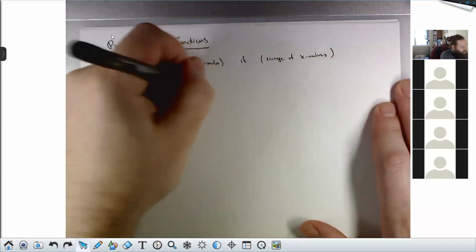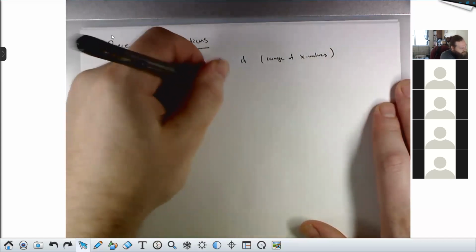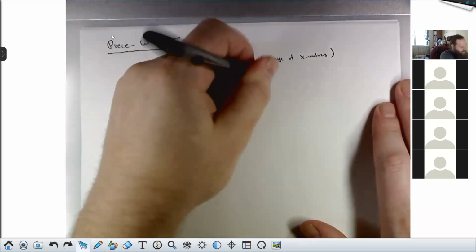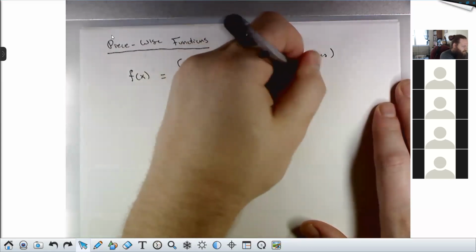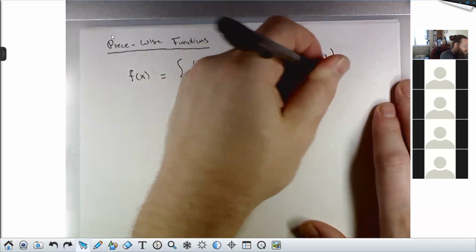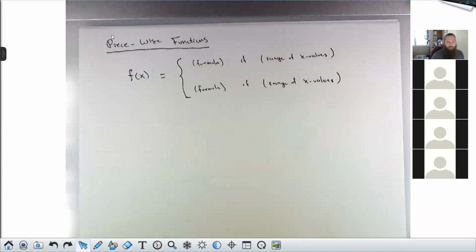And then maybe some other formula, if, and then some other range of x values. This is generally how these things look, and I'll show you an explicit example in just a minute. But the basic idea is if you want to figure out f of some particular number, you first match up which one of these range of x values that number falls into. Once you've found that, you plug that x value into the appropriate formula.